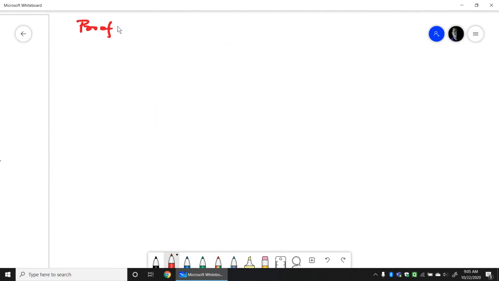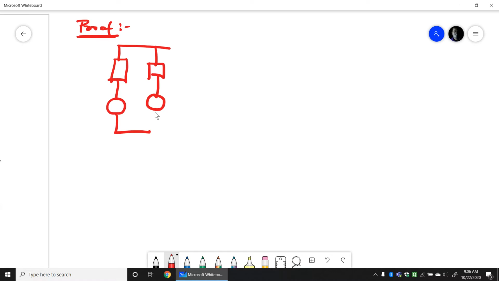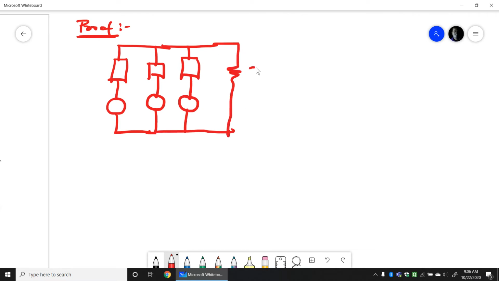In the proof, let us consider a circuit which has an impedance with a voltage source in series with it. I will consider three series branches, which are in turn in parallel with the load ZL.